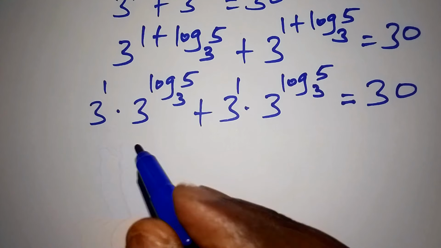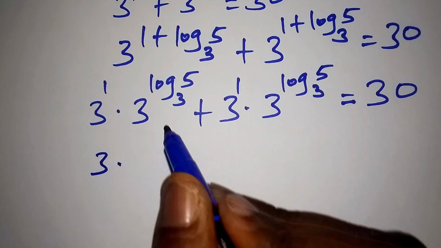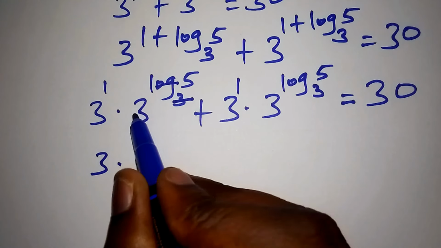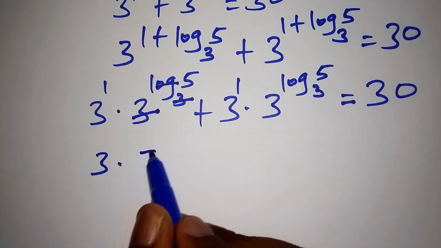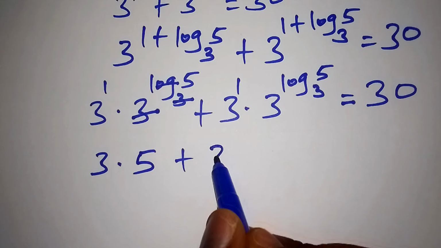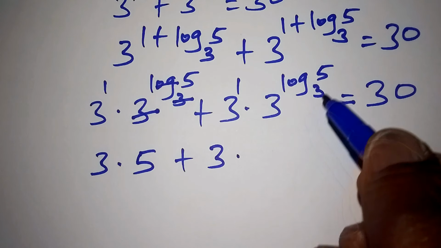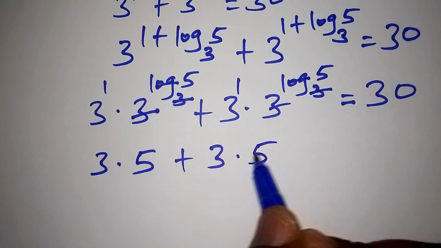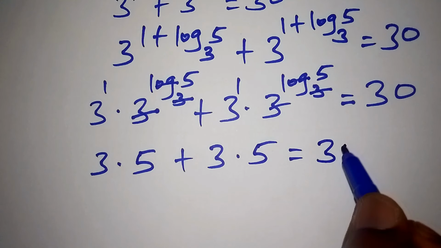Here we go. 3 to the power of 1 is 3, multiplied by, the log to the base of 3 cancels this 3, so we remain with 5. Then plus 3 to the power of 1 is 3, same on this other side, the log to the base of 3 cancels, and we remain with 5.